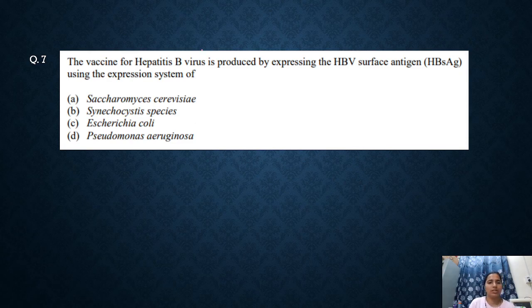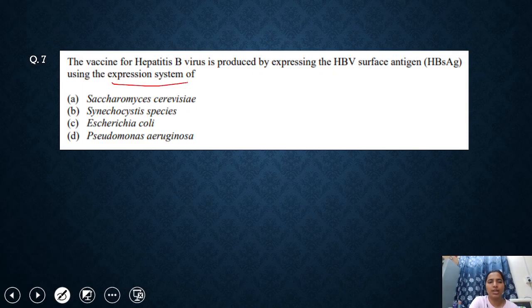So this is our next question. They are asking, the vaccine for hepatitis B virus is produced by expressing the HBV surface antigen using the expression system of, okay, they are asking from which microorganism we use the expression system for the hepatitis B virus vaccine, especially for this antigen.